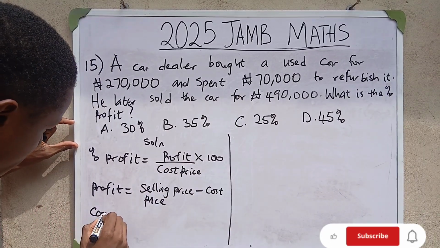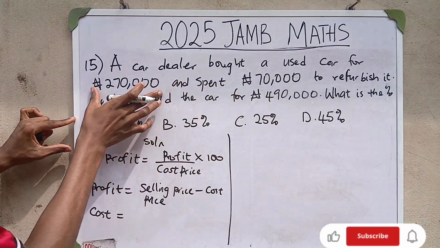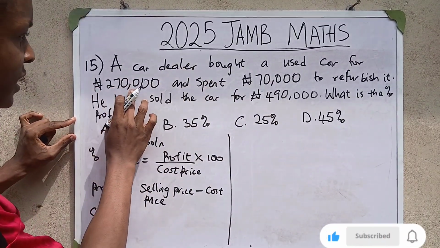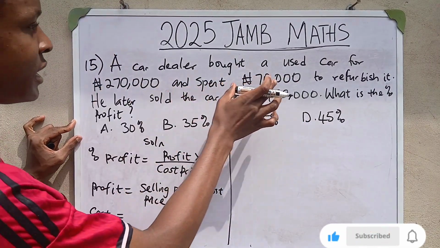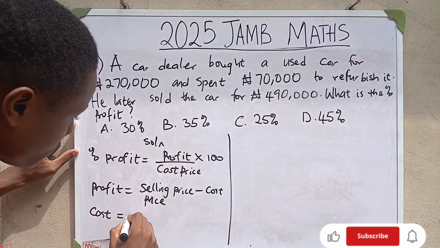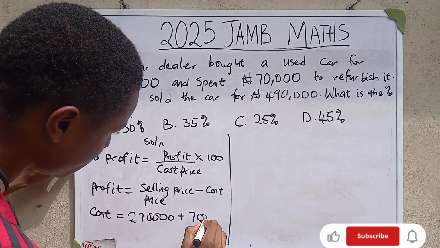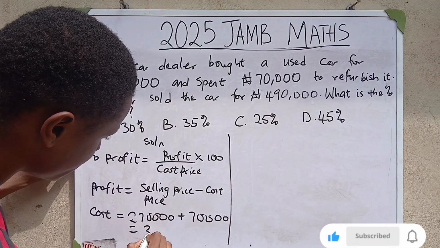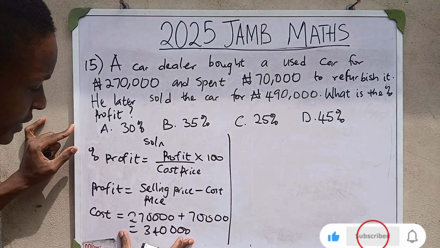Now the cost of everything, what he spent, was 270,000 and 70,000. So his cost was 270,000 plus 70,000, which is 340,000. So this is what he spent.